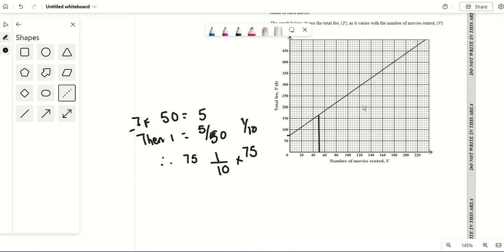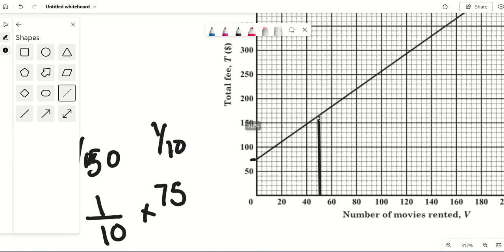Then we're going to go across. So first off, we can do this now.